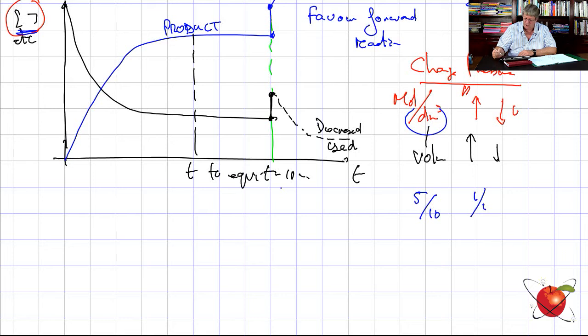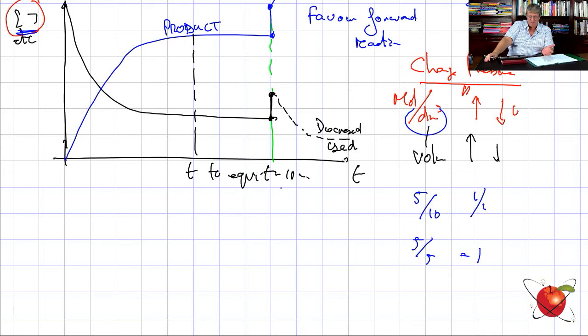Therefore, that ratio was a half. Now, my volume has dropped to 5. The ratio has gone to 1. So therefore, my concentration has increased. I have favored the forward reaction.